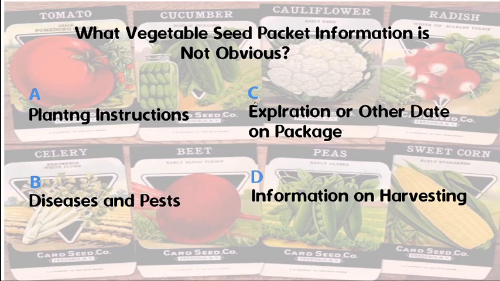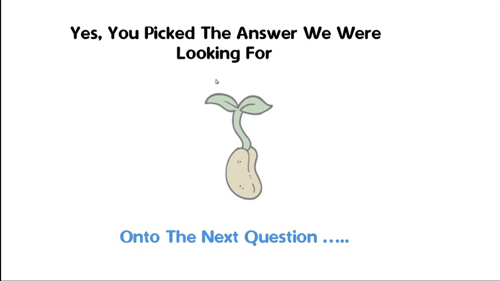My actual correct answer is the thing that's not really obvious to me, the expiration or other date on the package. I don't always know what that means, whether that's when it's packaged or when the seeds would no longer be viable. So if you click on this, that's the answer we were looking for, and you go on to the next question.